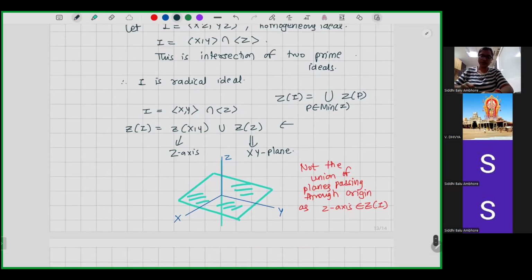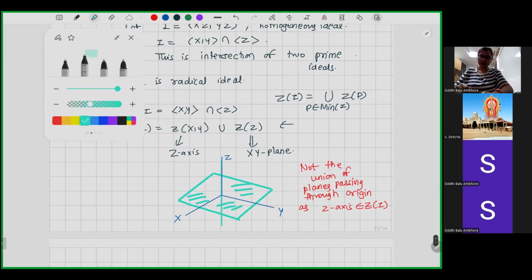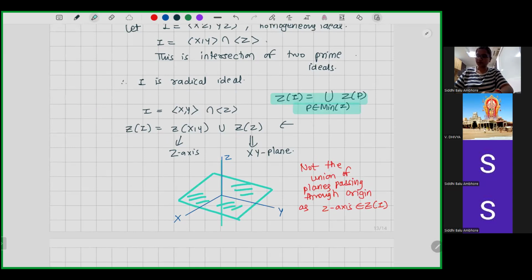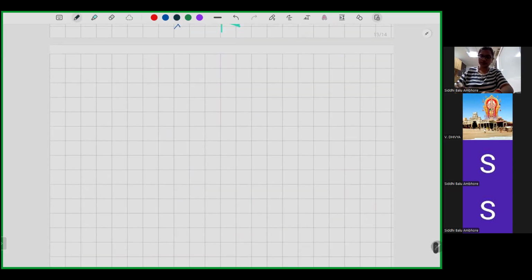I mean, we have to use only the facts from previous lectures to look at the zero set of a polynomial, zero set of an ideal. So this is a bit lengthy, but let us see how quickly we can do this.